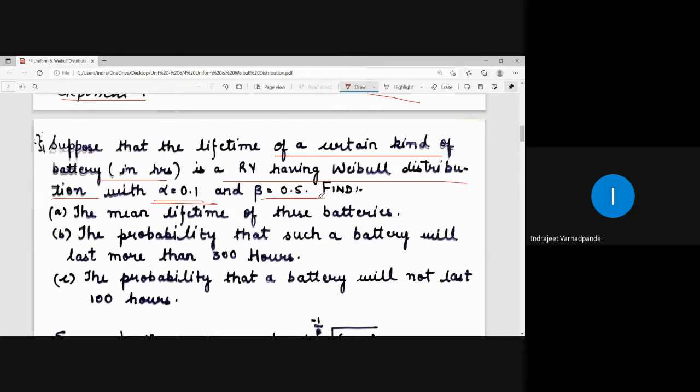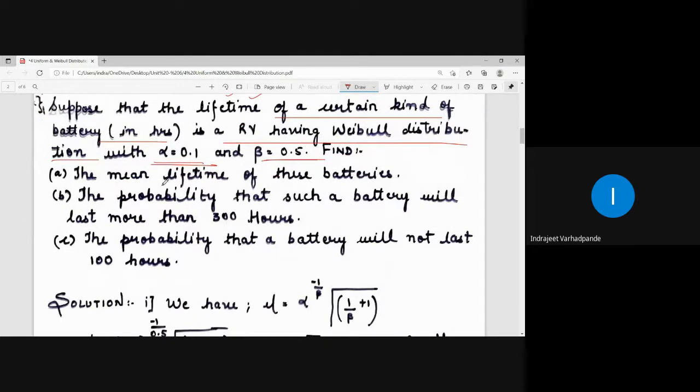In the question itself, they have mentioned how the random variable is distributed, which is Weibull distributed. Also, it is connected with the lifetime of a certain battery calculated in hours, that is proportional to the time component, and accordingly we go ahead with the density function for the Weibull distribution. Find the mean lifetime of these batteries, that is mu.